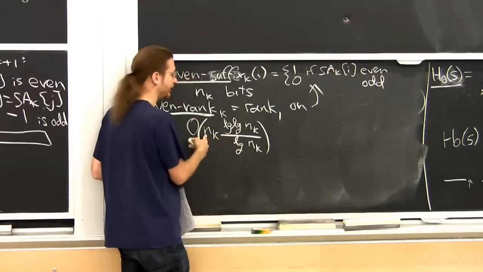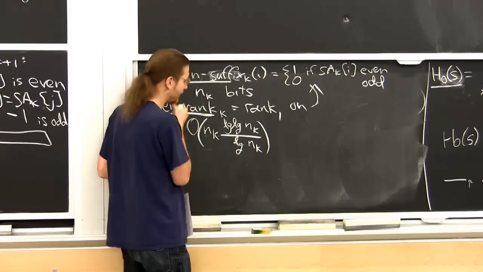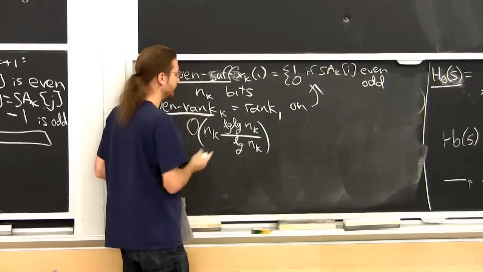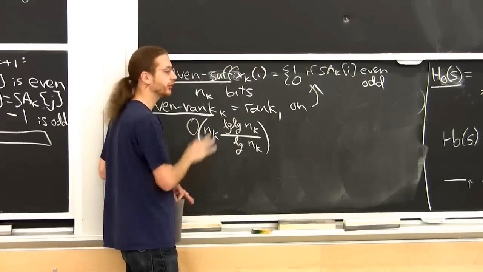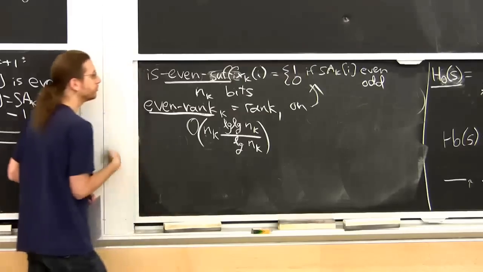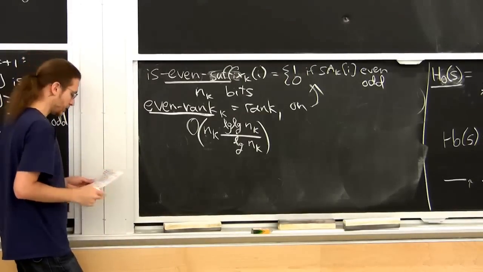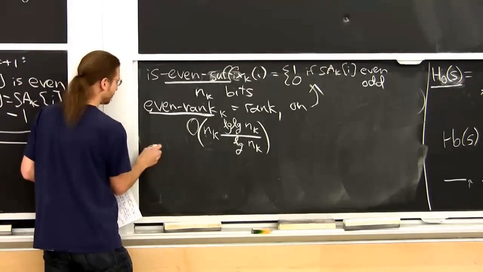And this can be improved to n_k over log to the k, or log to the something of n_k. But that's an OK bound. It's little o of n. Again, this is geometric, so this will overall be little o of n. So those are easy. The remaining part is doing even successor.